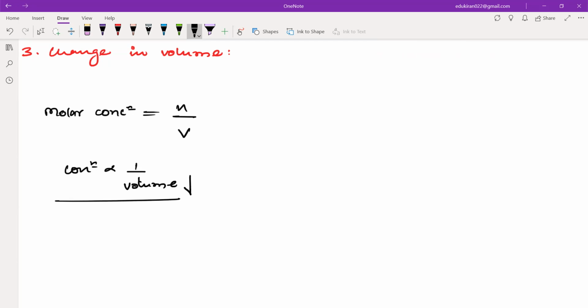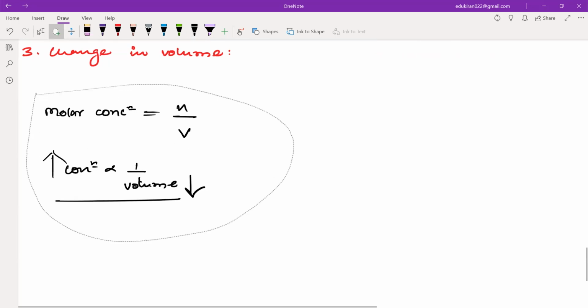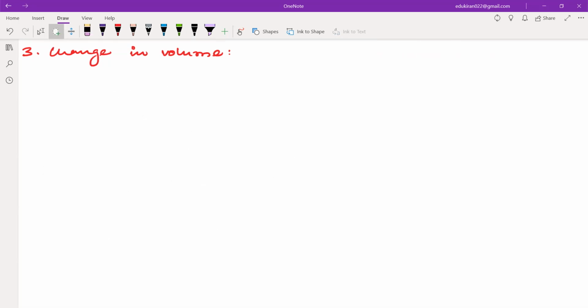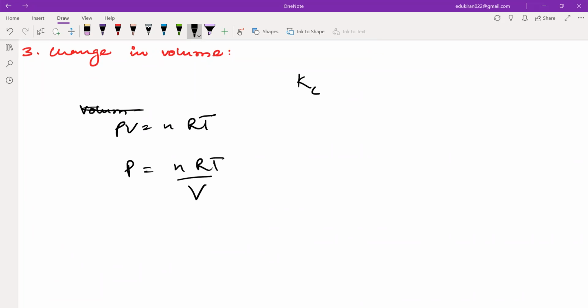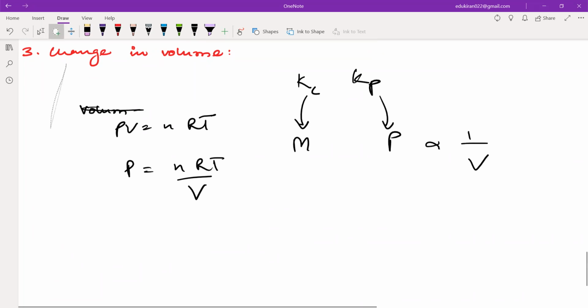Now, if I decrease the volume, the concentration will increase, right? Also, PV equals nRT, and pressure is equal to nRT upon V. So it has a similar relationship for both Kc and Kp. Whether I talk about concentration in terms of molarity or about pressure, both are inversely proportional to volume.